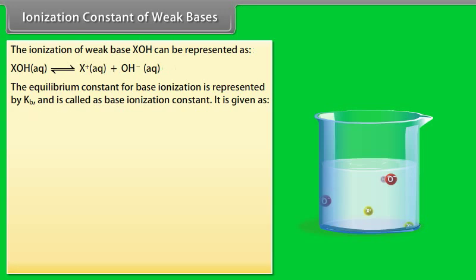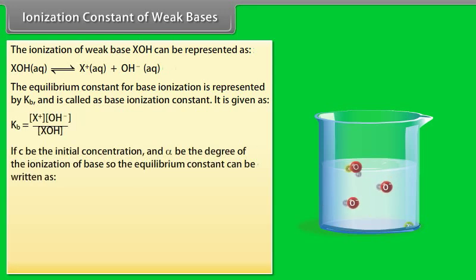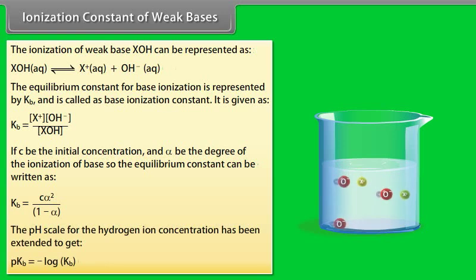It is given as: if C be the initial concentration and alpha be the degree of ionization of base, so the equilibrium constant can be written as Kb is equal to C alpha square by 1 minus alpha.